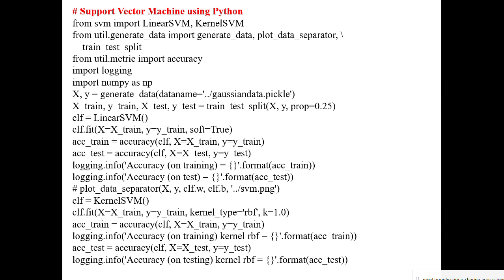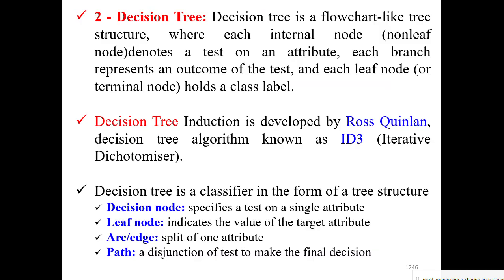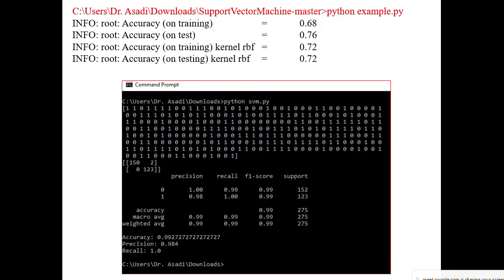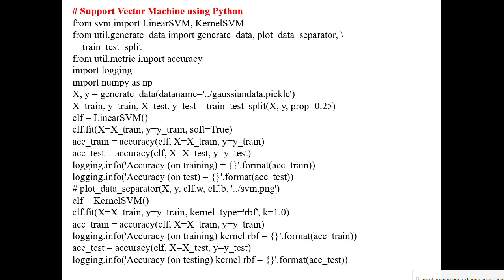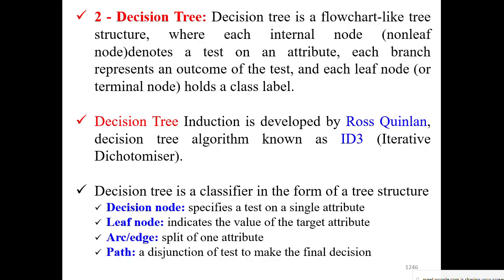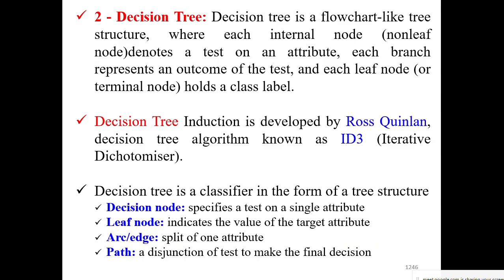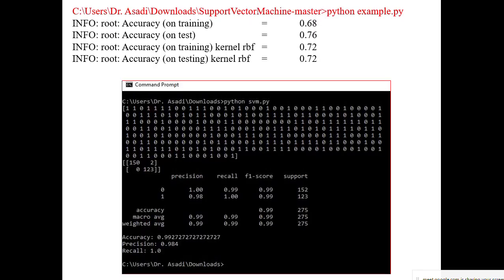We are importing NumPy. And if you see the data set, the number of samples taken by the particular program. This is about a support vector machine, and this is the output. We have taken 275 totals in all.